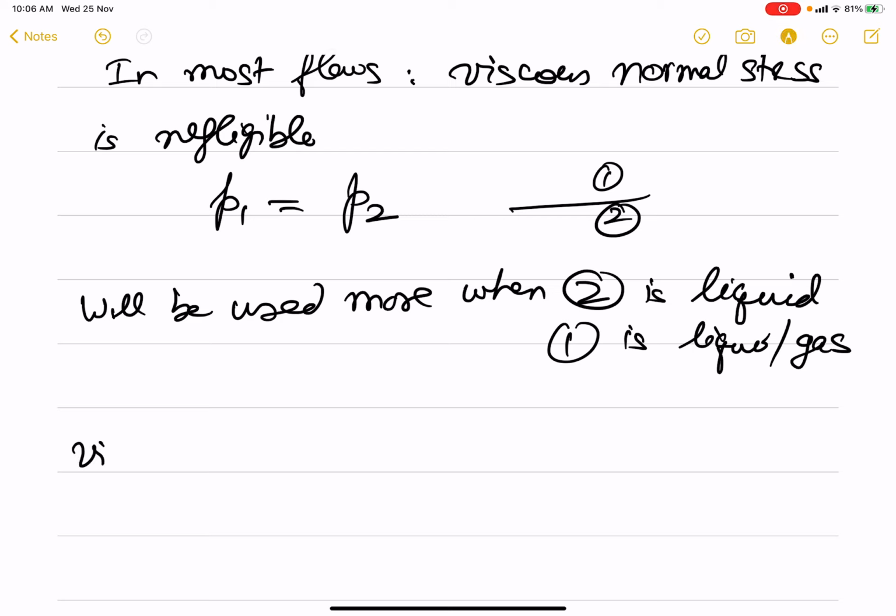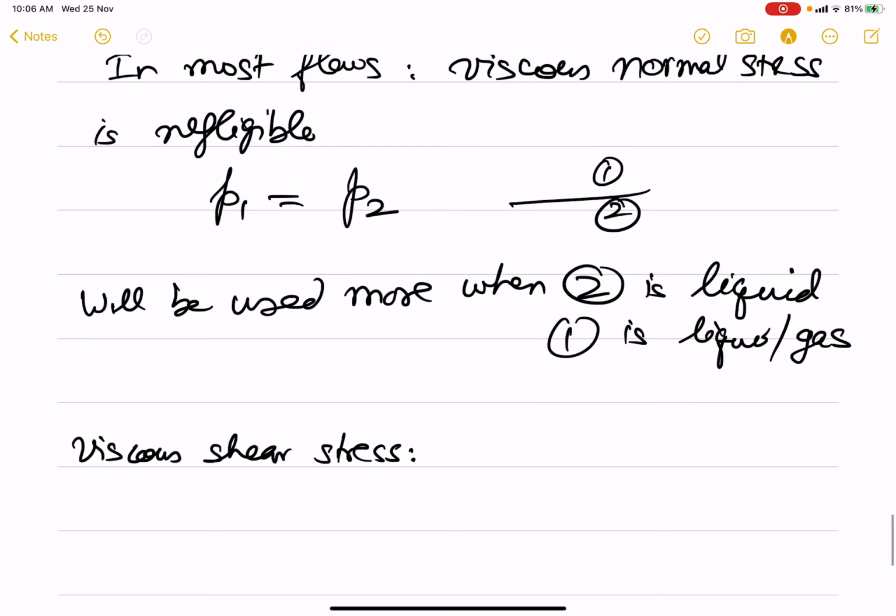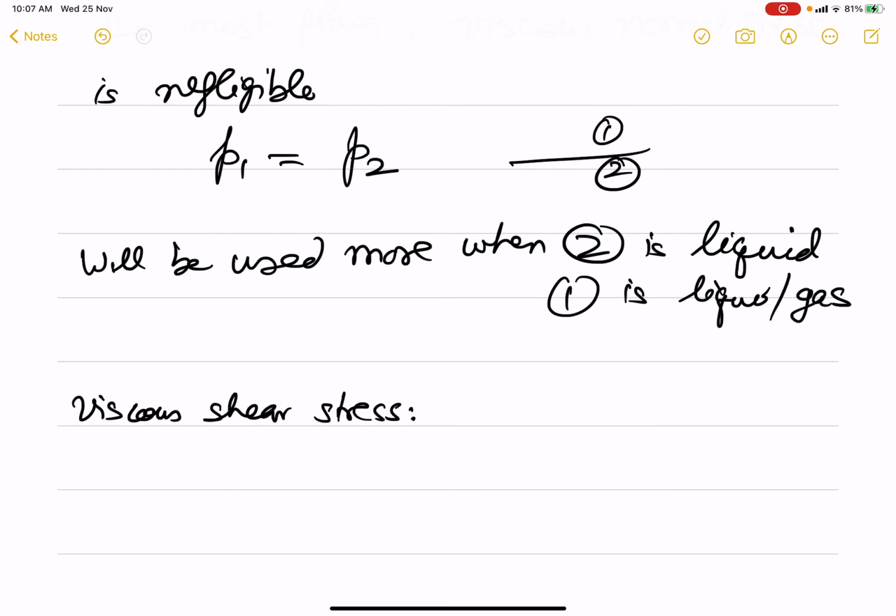Now the next boundary condition we talk of are the viscous shear stresses. And once again, the condition which we said is that the shear stress on both sides are equal.